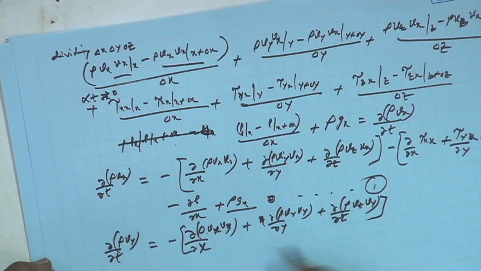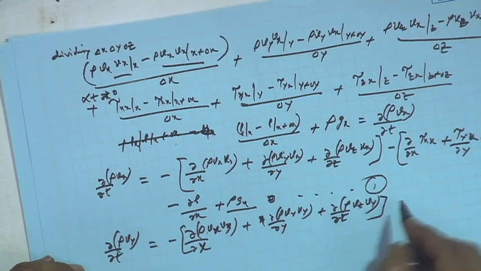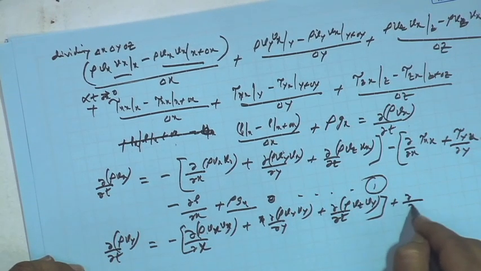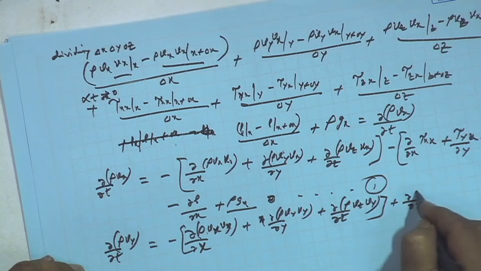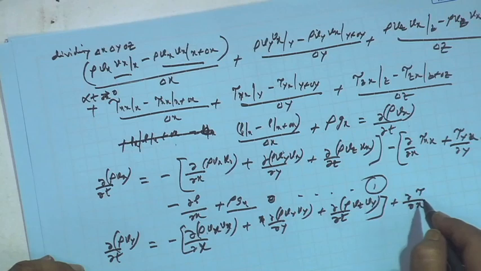This is for the bulk transport, and for molecular transport we can write ∂/∂x of τxy, plus ∂/∂y of τyy, plus ∂/∂z of τzy, right.